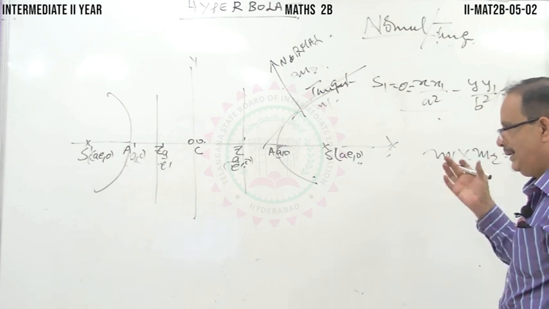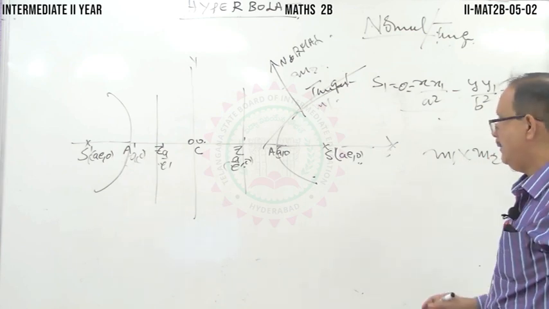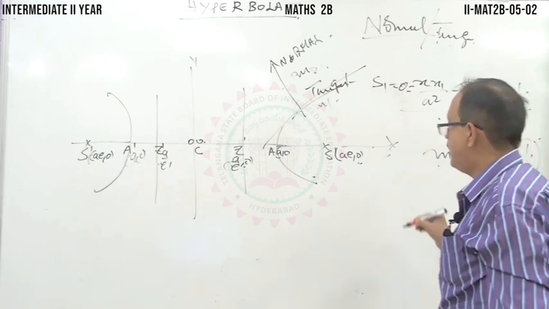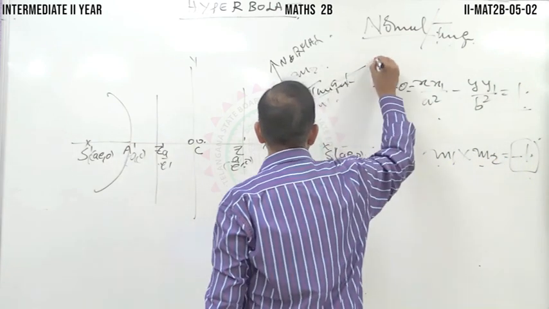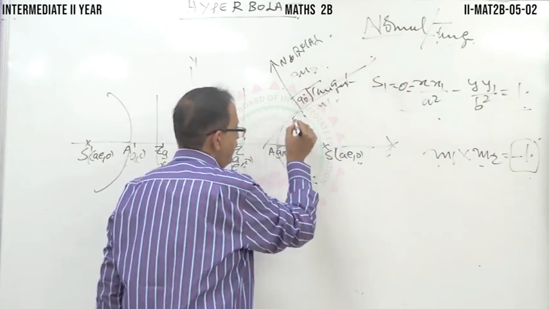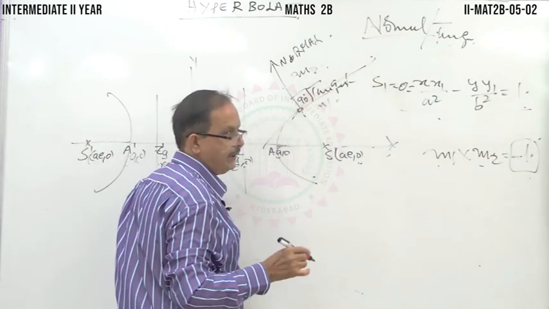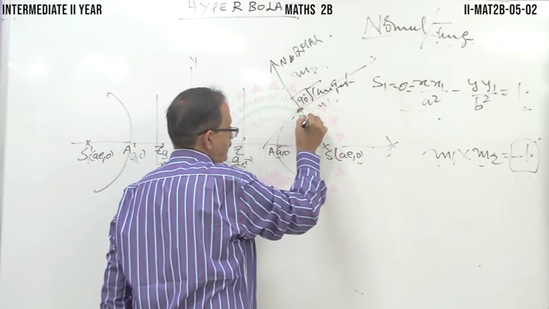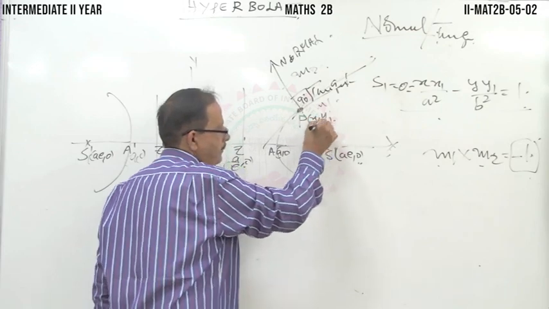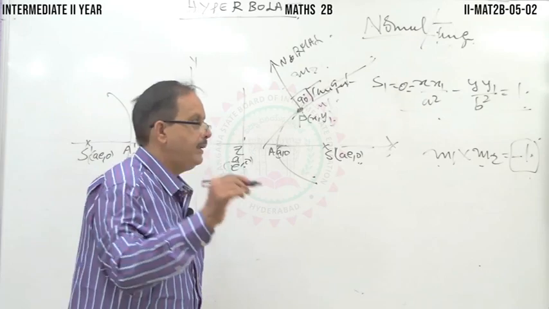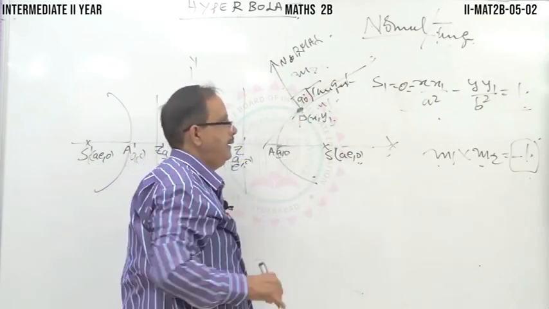As you have studied in the first year, the product of slopes equal to minus 1 means they are perpendicular to each other. So tangent and normal are always perpendicular, but both pass through the same point P. Let us say at P (x1, y1), if you draw a tangent, you can also draw a normal exactly at the point P (x1, y1).